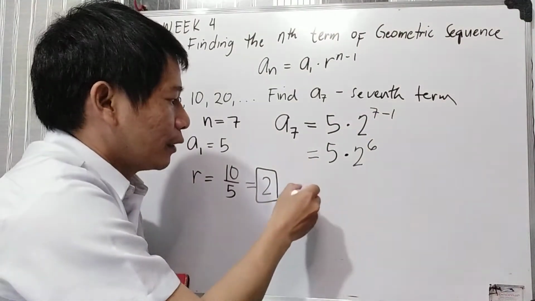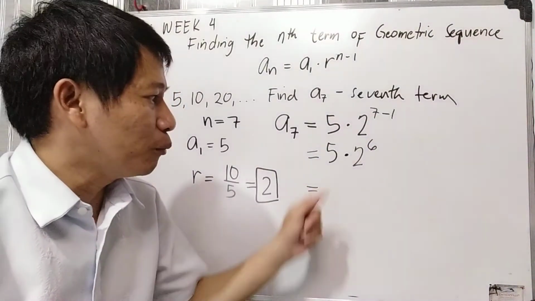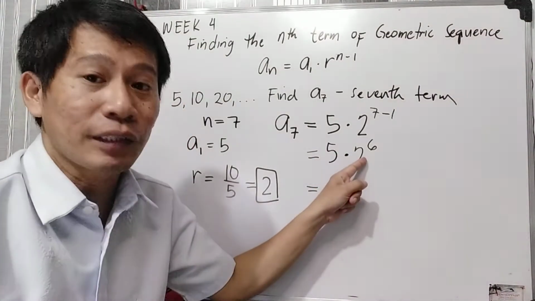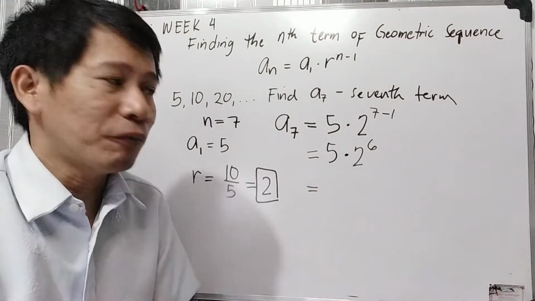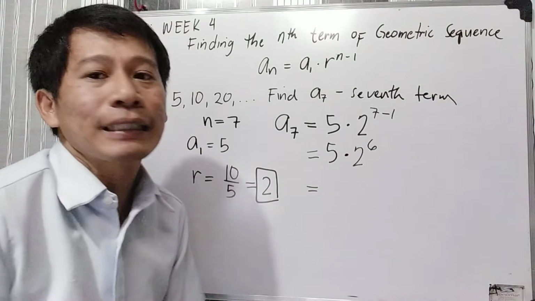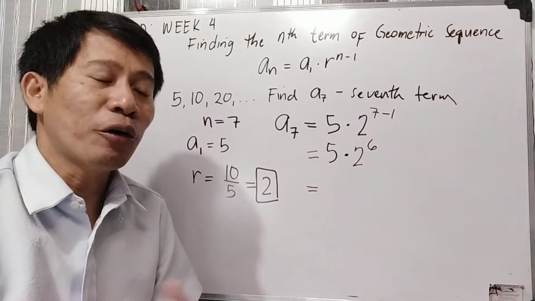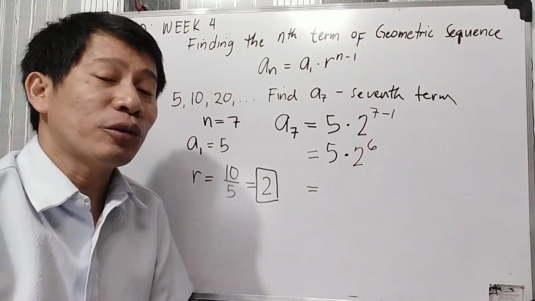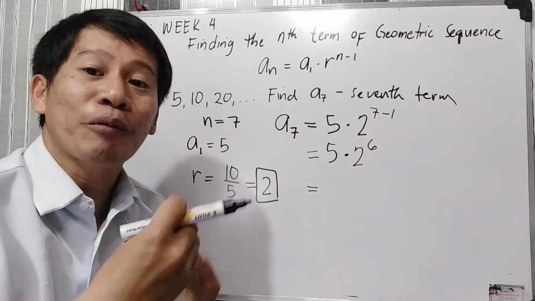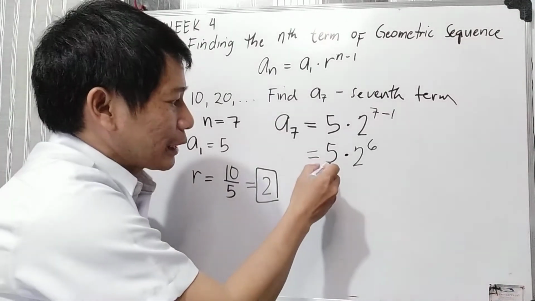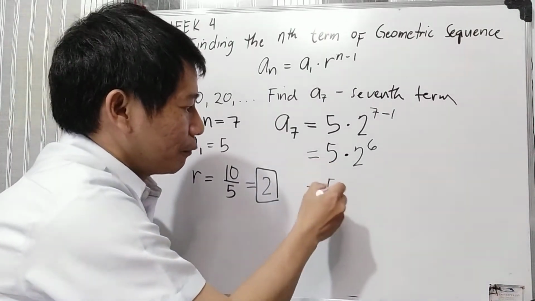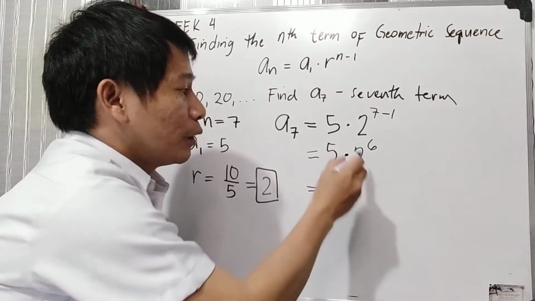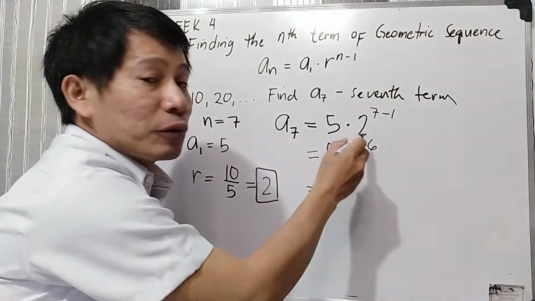Next, again, you will not multiply 5 times 2. That is wrong. You have to evaluate first 2 raised to 6. By order of operations, we need to simplify first the ones with exponents. So we just copy this 5, times, and evaluate 2 raised to 6.